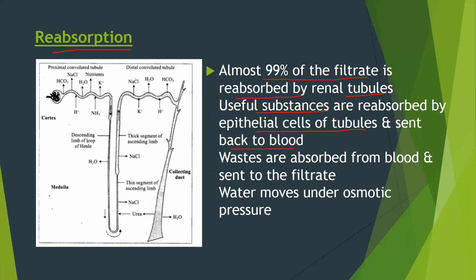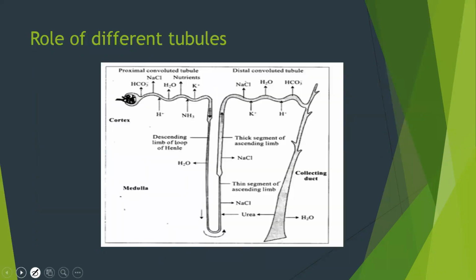You can see that bicarbonate ions, NaCl, water, nutrients, and potassium ions are all reabsorbed by the PCT. The descending loop of Henle reabsorbs water, as it is permeable to water. The ascending loop of Henle reabsorbs NaCl. And the DCT reabsorbs NaCl, water, and bicarbonate ions.